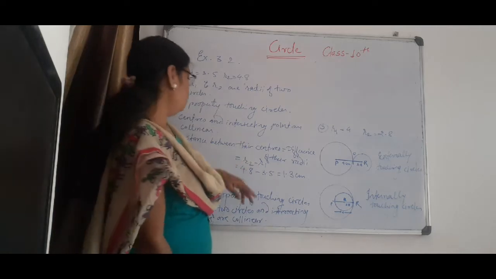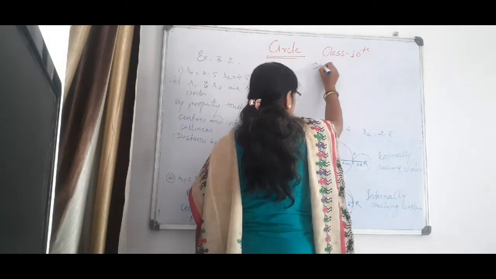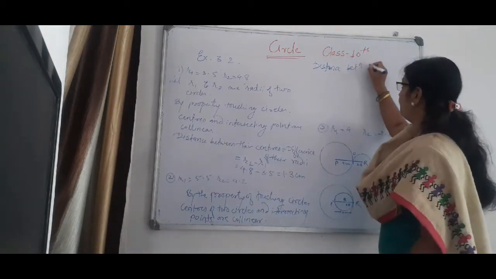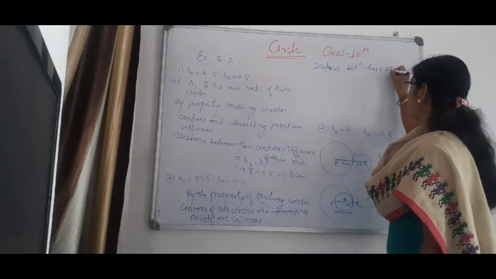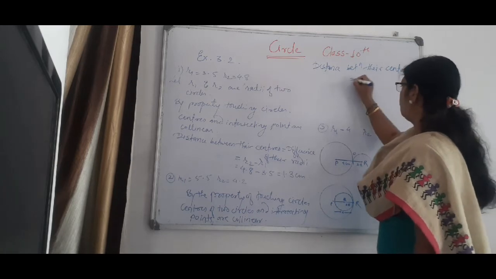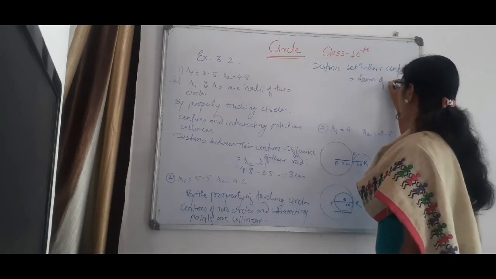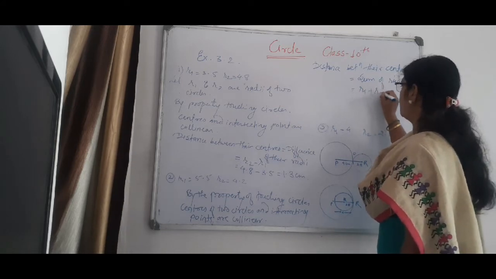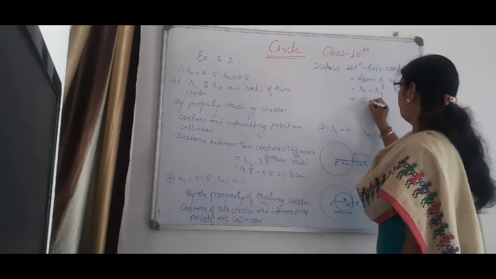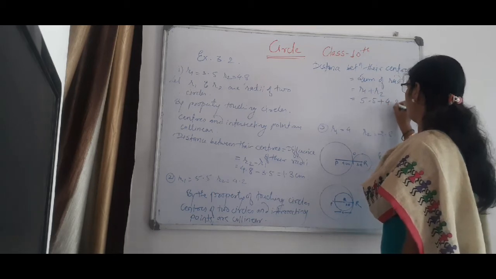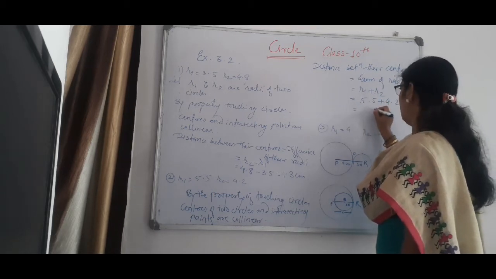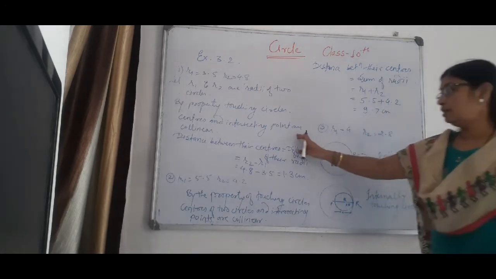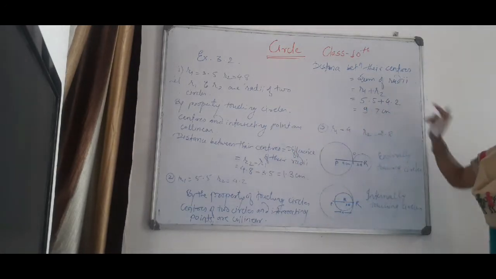Now what is the distance between them if the circles touch externally? The distance between their centers is equal to the sum of the radii. Sum of radii means R1 plus R2. R1 is 5.5, R2 is 4.2. So what do you get here? 9.7 centimeter. If internally touching you have to subtract, if externally touching you have to add.